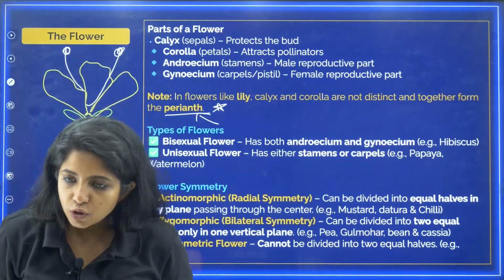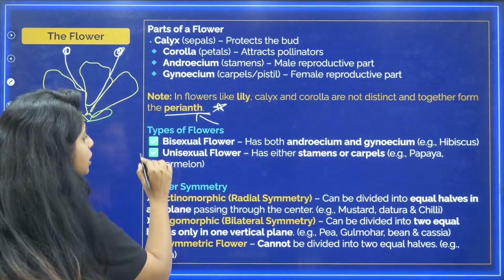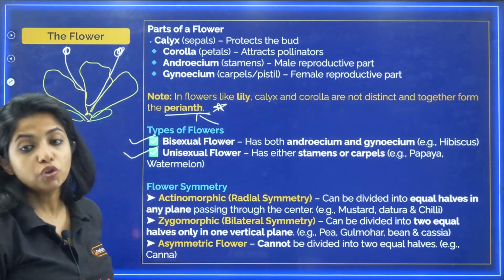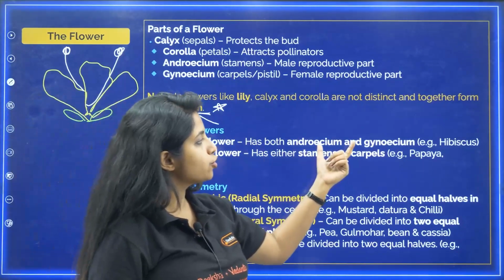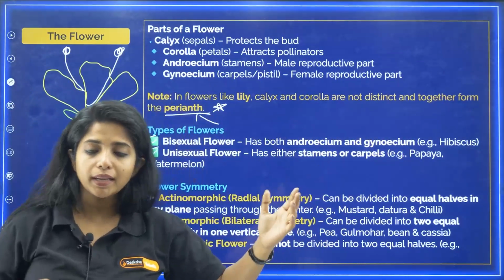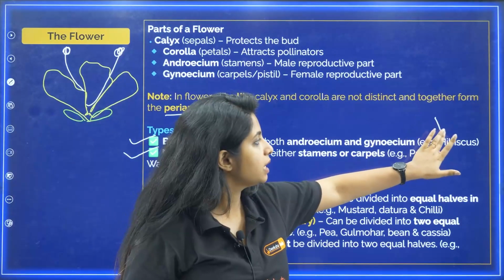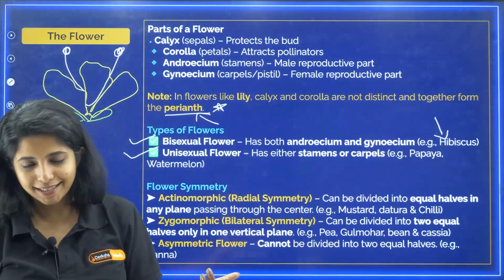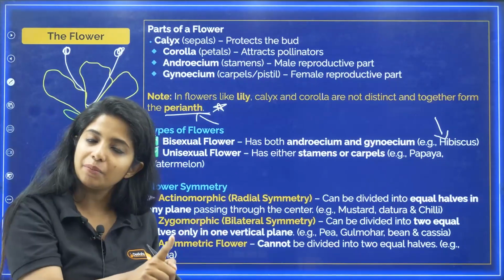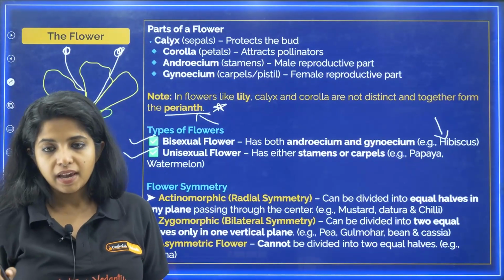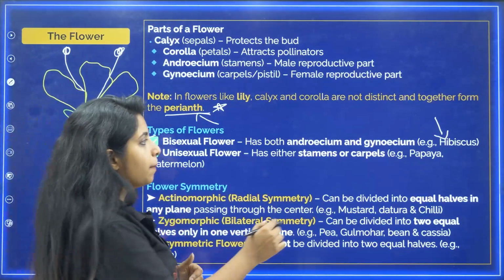Now, types of flowers, my dear children: you have two types, bisexual flower and unisexual flower. Bisexual has both androecium and gynoecium, both the male and the female part. Examples are hibiscus and mustard, H&M. Unisexual flowers have either the stamen or the carpel. Examples are papaya and watermelon, PW.